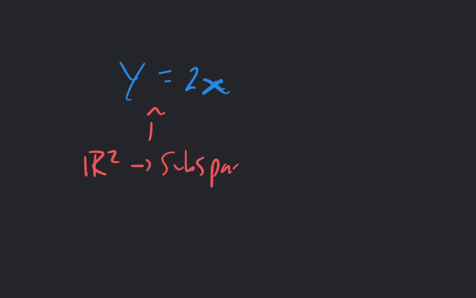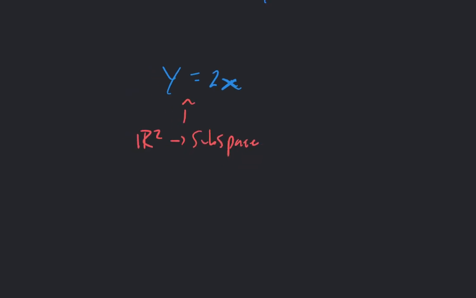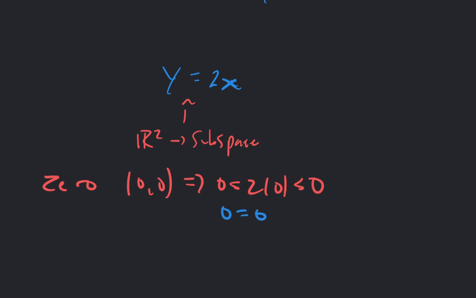I'll do another video on subspaces, but first we check for the 0 vector. So basically we go 0, 0. Is this on the line? 0 is equal to 2 times 0, which is equal to 0. And that's yes.